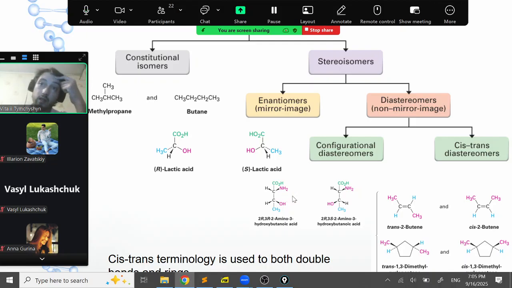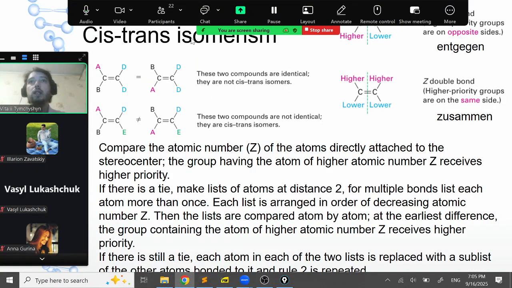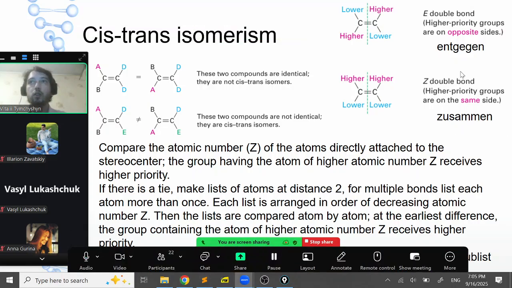The thing is that this terminology can be used when you have two substituents on two different carbon atoms, but it doesn't work if you have more substituents. And for this case, we have so-called E and Z terminology.